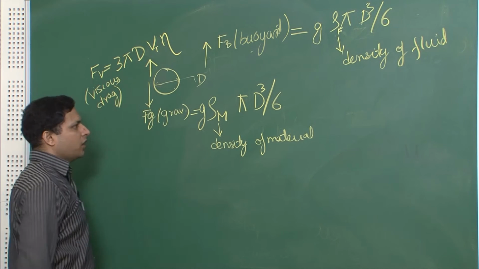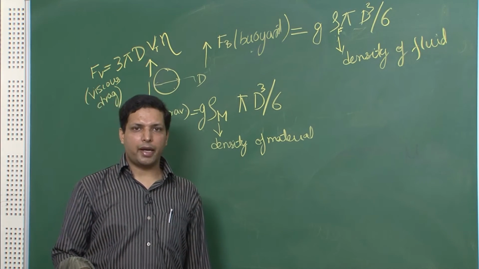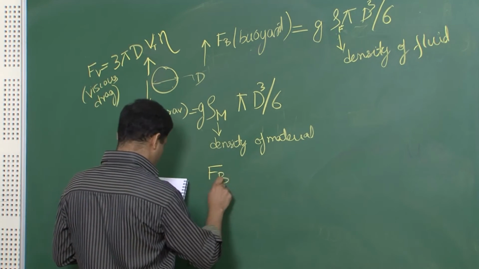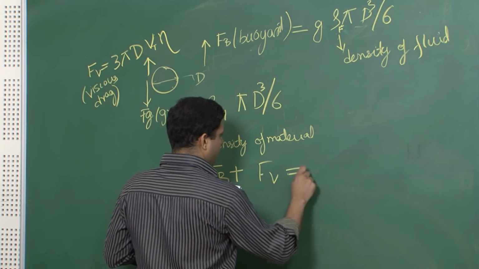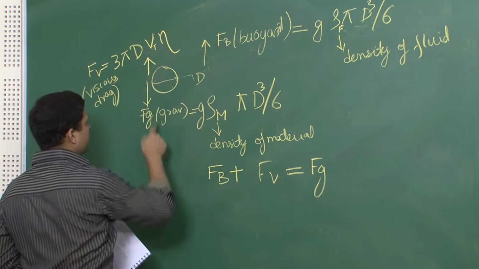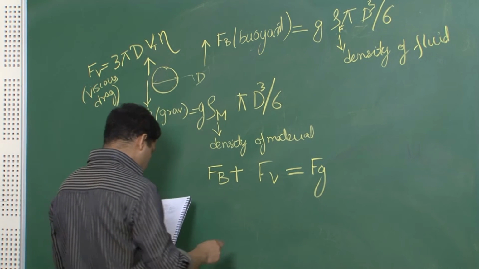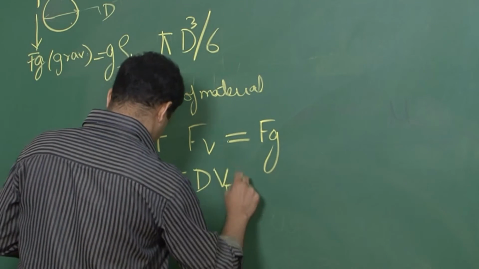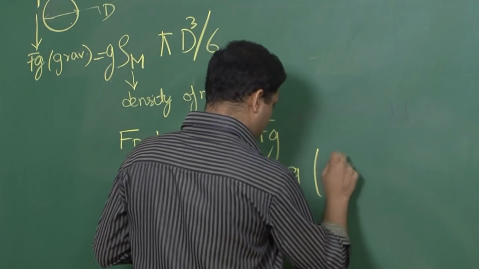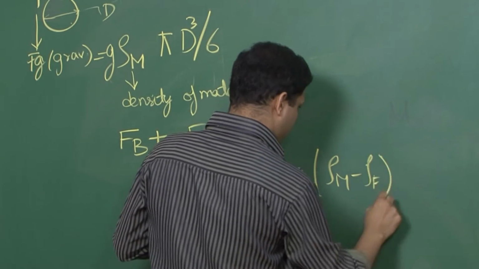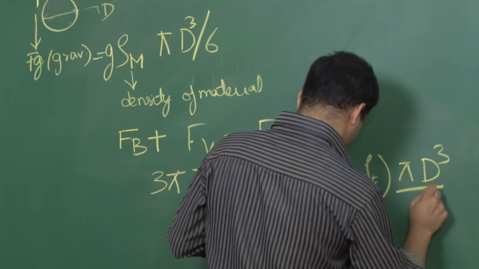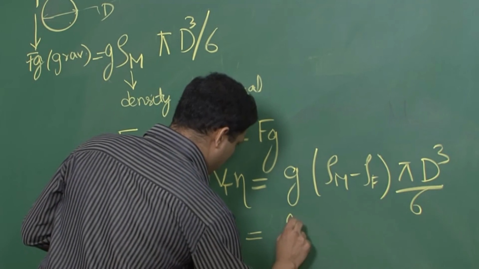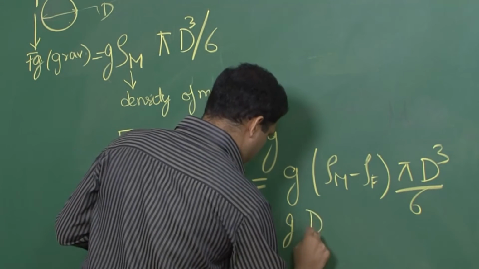Now, when a terminal velocity has been reached, no net force is acting on the particle, and therefore, we can write, so the two upward forces are balancing the gravitational force, and from here you can very clearly see, you will be able to obtain a relation for terminal velocity which will be given by this.